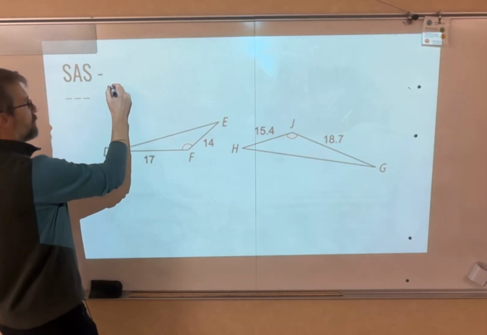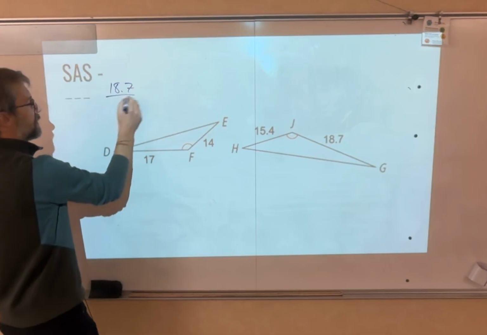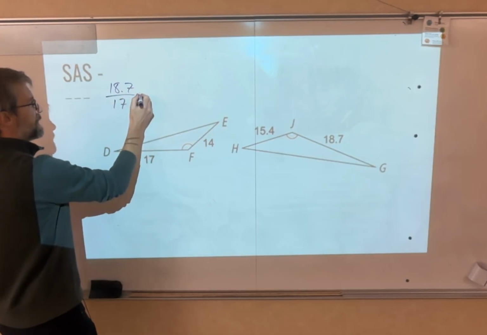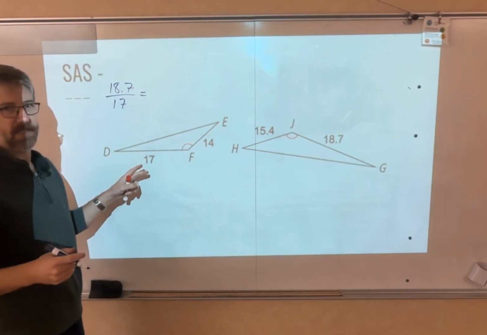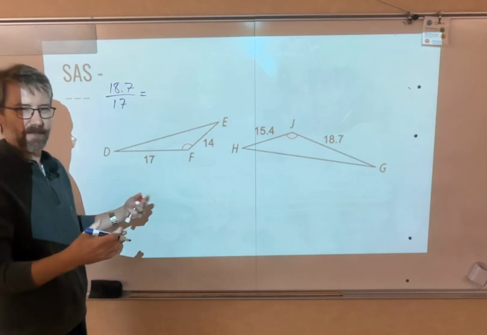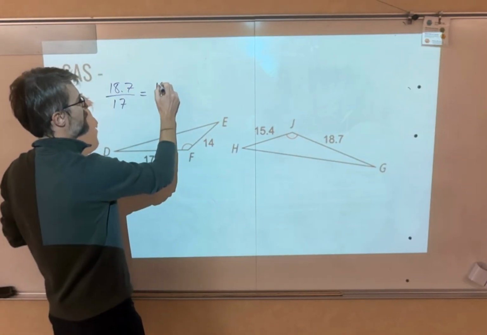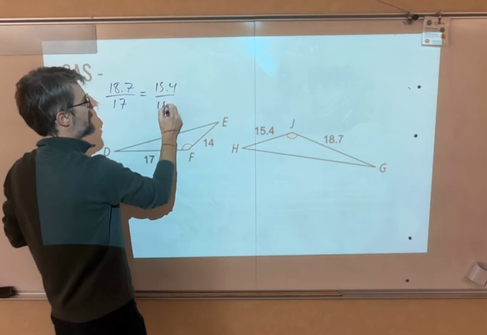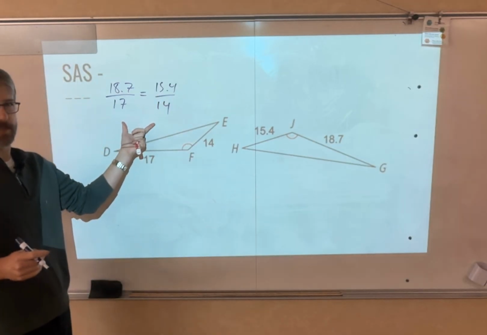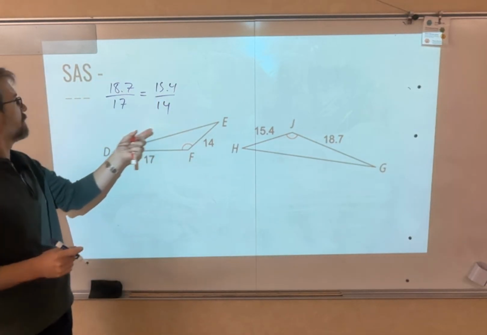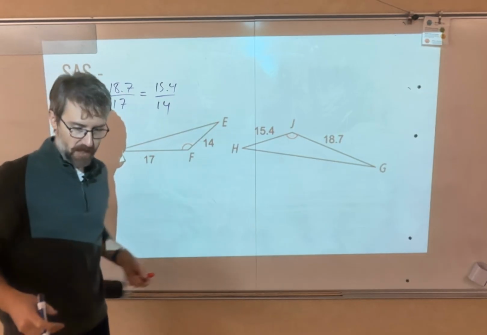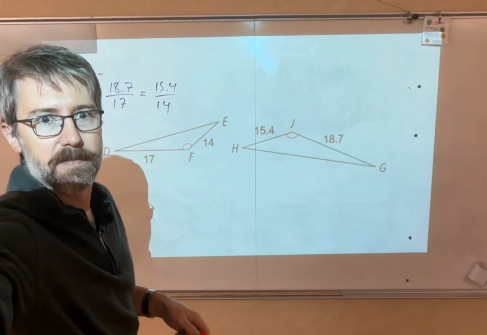So what I would want to do is take the longer side. Always think about matching up the longer sides, the shorter sides, and the medium sides so that they're corresponding. And then I would want to take the shorter side, so 15.4 over 14. And if those two ratios are the same, if these reduce to the same number, then these two triangles are similar by side, angle, side.